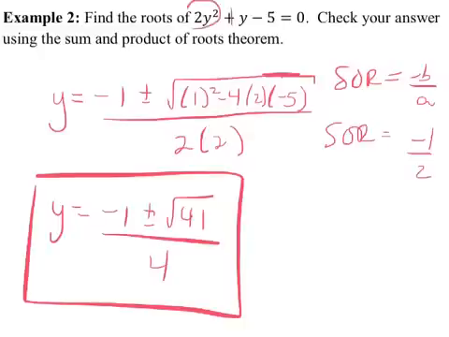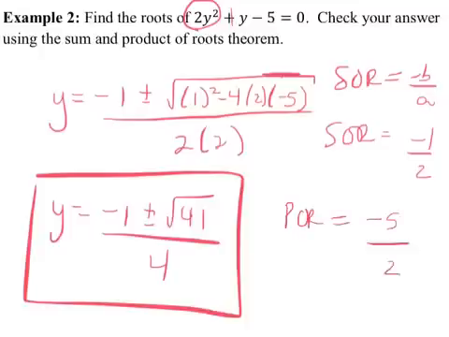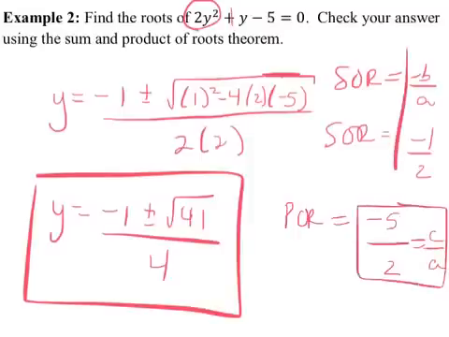The product of roots for a problem like this is going to give us c over a, so negative 5 over 2. Okay, and that's going to be c over a. So anyhow, let's find the product of roots and the sum of the roots and see that we get negative 1/2 and negative 5/2. Let's go ahead and go to the verification.